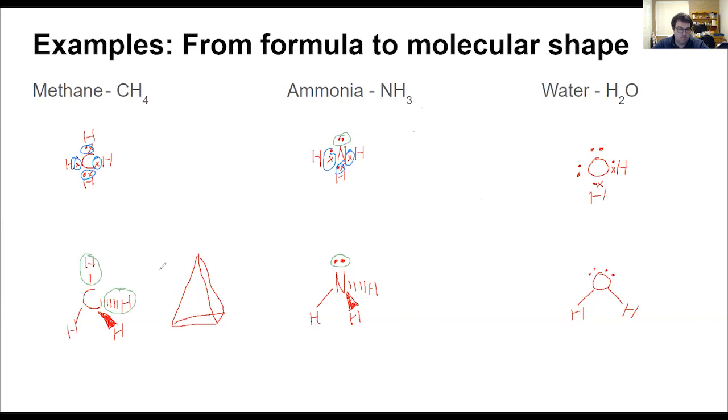And we end up with a bent molecule. So as long as we pair up these electrons surrounding that central atom, we're able to make predictions from the Lewis structure on the three-dimensional shape of the molecule once we know some of those basic geometries of those molecules.